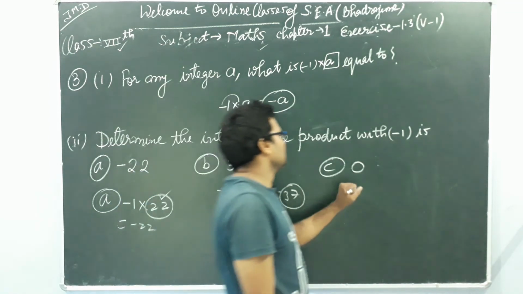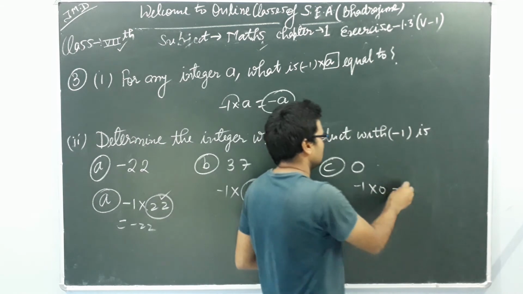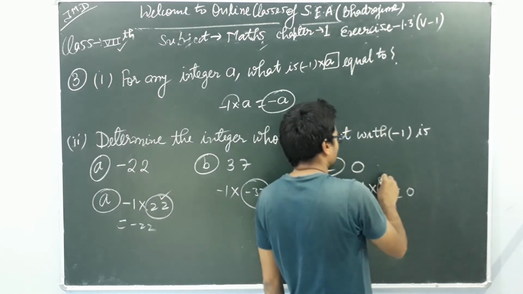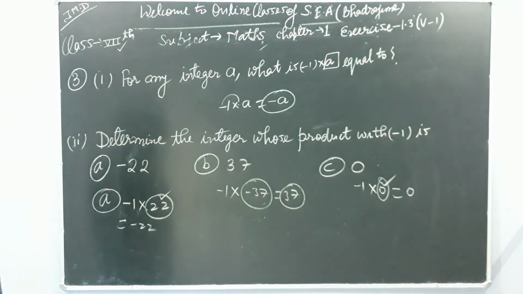If we are getting 0, then obviously minus 1 is multiplied with 0, then only we will get 0. So this one is the answer. Now I hope you all got all the answers.